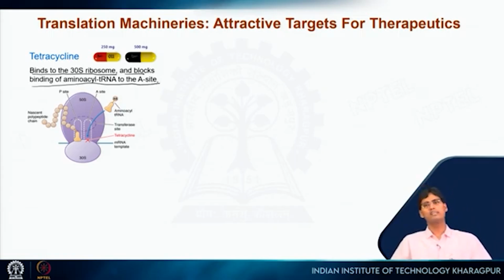Now the thing is, translation happens in both bacteria as well as humans, and I told you it's a fundamental process, but still there are some differences. Many scientists, when they worked on a detailed understanding of the ribosome, elucidated what those minor differences are.